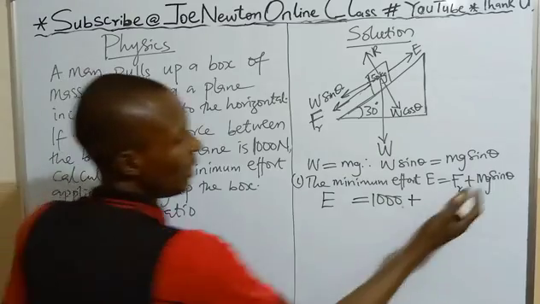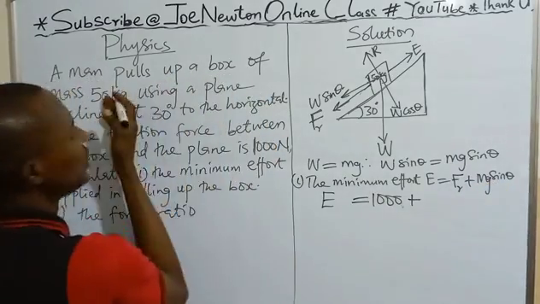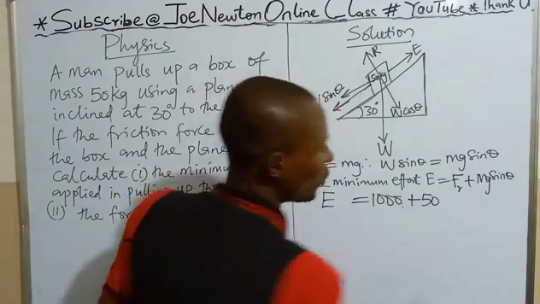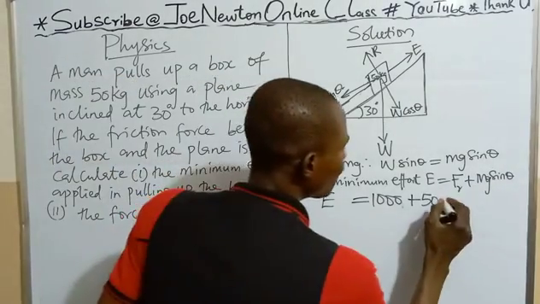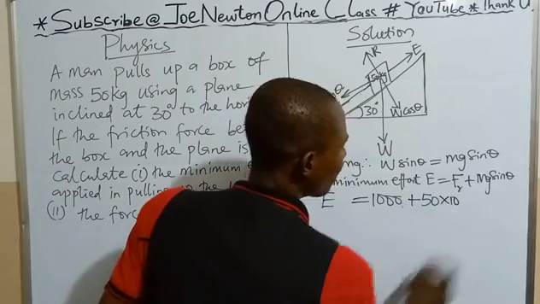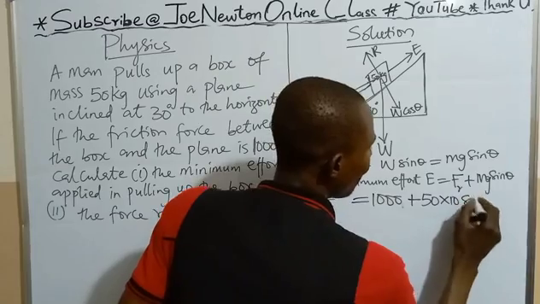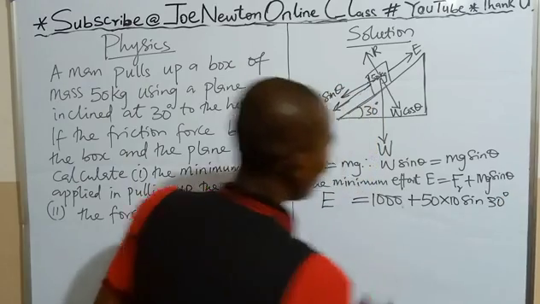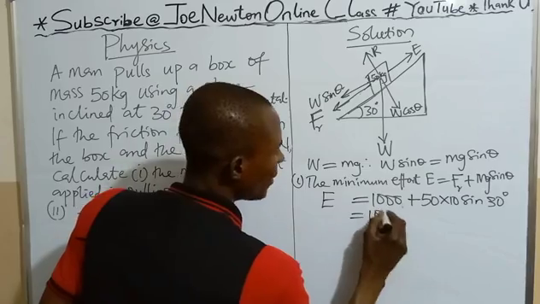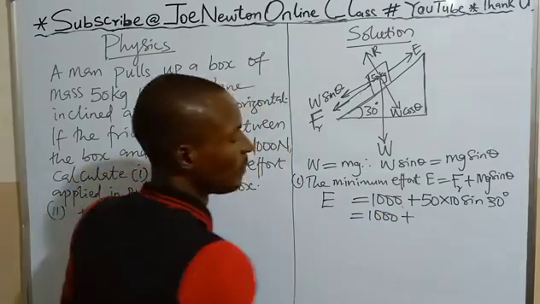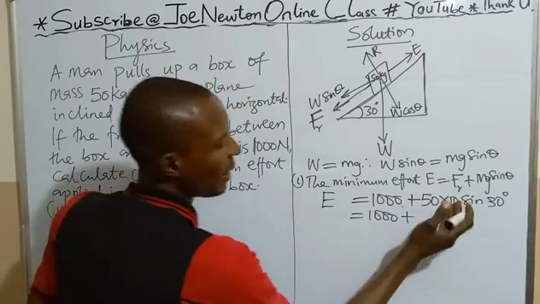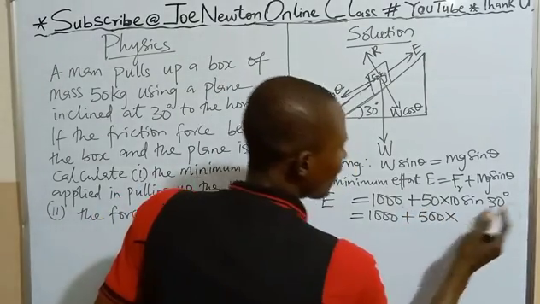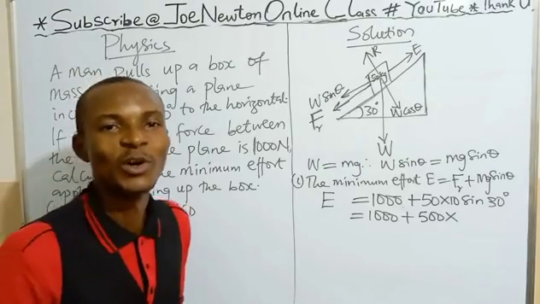Plus the mass of the body, 50 kg, times acceleration due to gravity, 10, times sine of the angle, 30 degrees. This gives us 1000 plus 50 times 10, that is 500, times sine 30, which is 1/2 or 0.5.